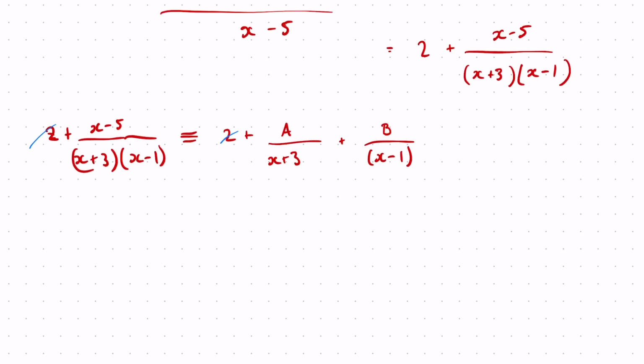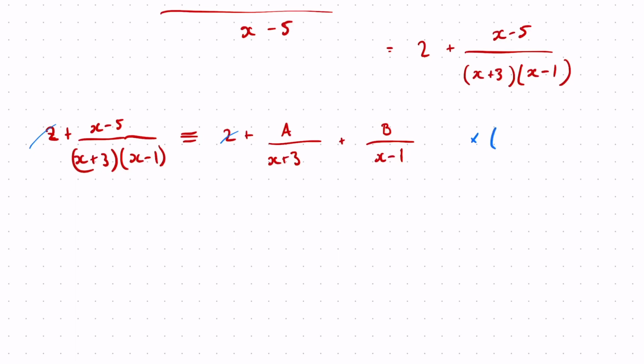So I'm going to multiply through by my bottom bracket. Oh, I didn't need brackets on that one. So I'm going to multiply through by the x minus 5 over x plus 3, x minus 1.